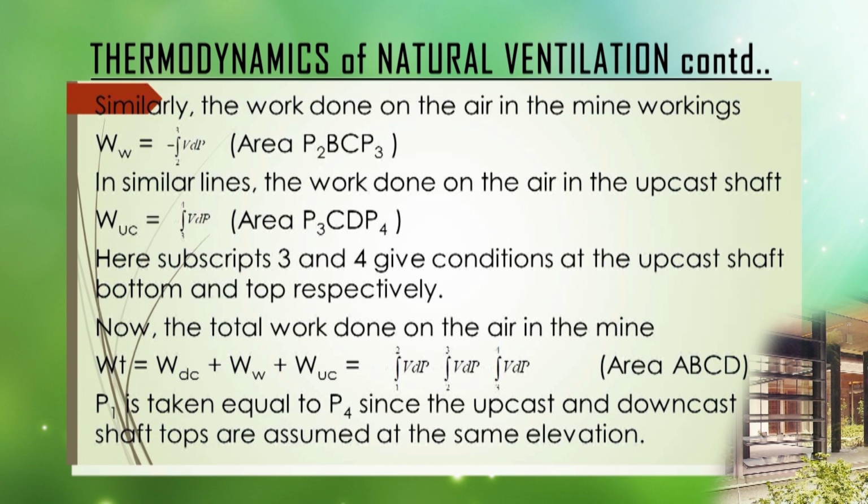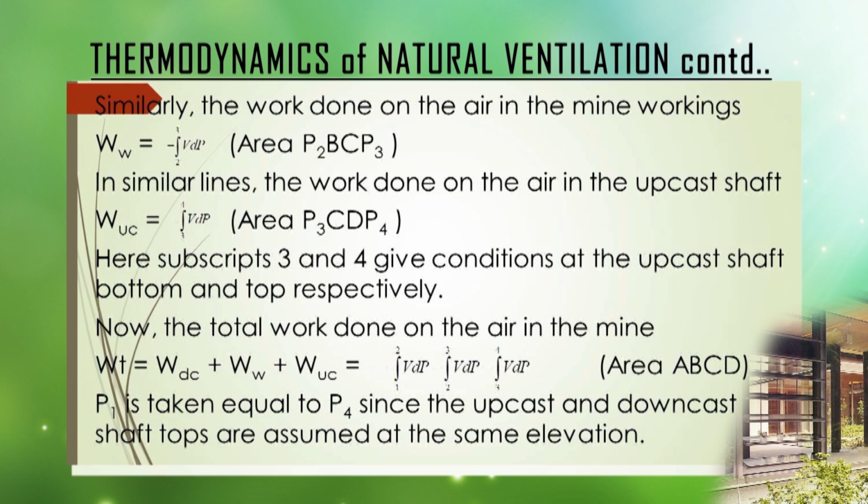At the bottom of the upcast shaft the pressure is P3 and volume is V3, whereas at the top of the upcast shaft the pressure is P4 and volume is V4. Total work done is work done in downcast shaft plus work done in workings plus work done in upcast shaft. This is finally area of A B C D.